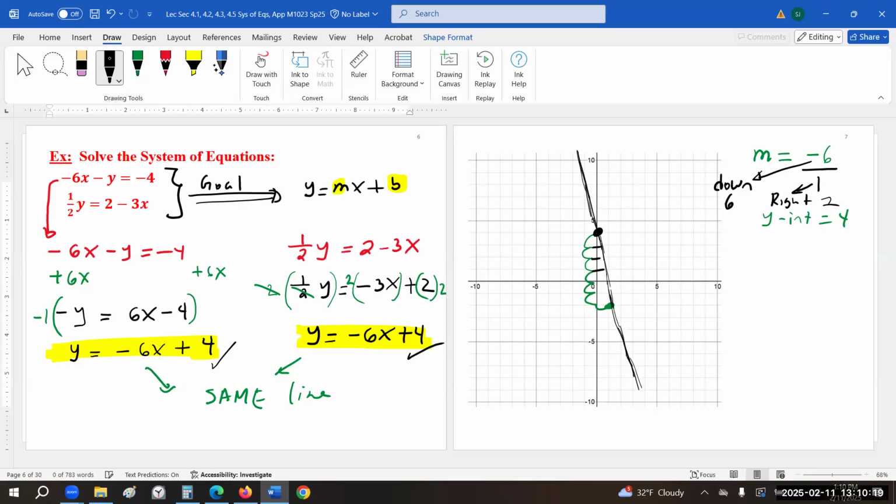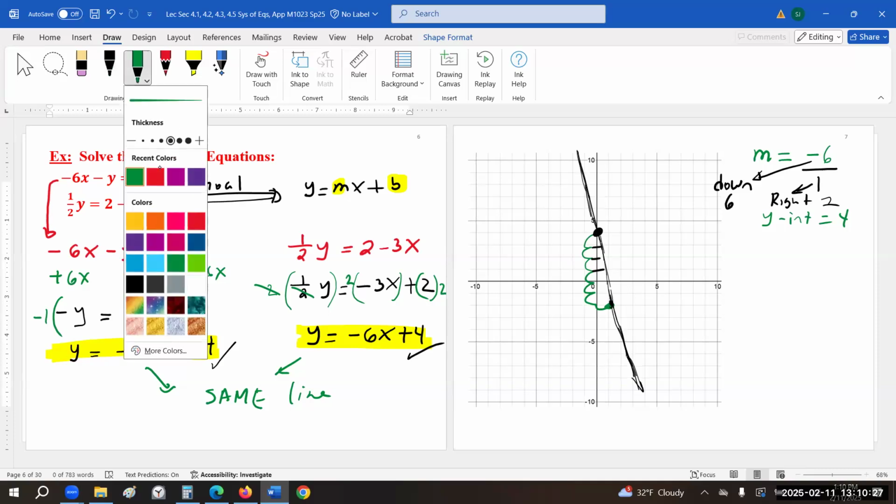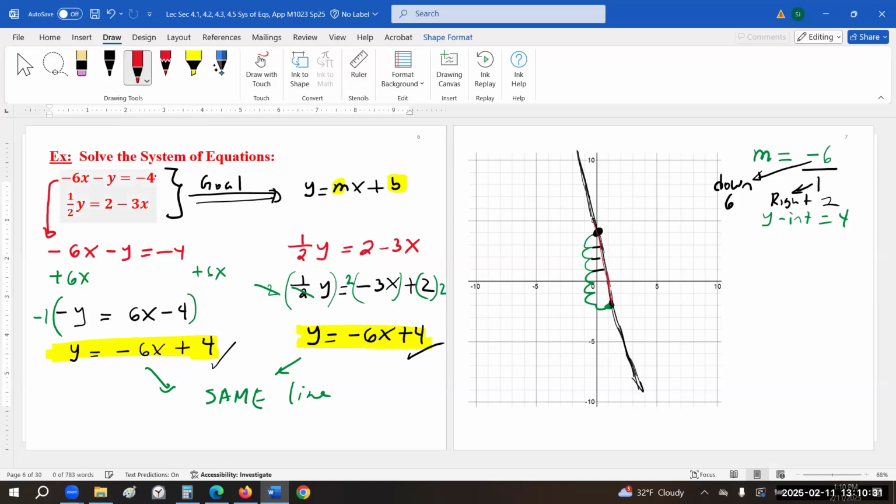For some reason, I can never draw a straight line with 2 points. I don't know why. So this is one line, and another line is the same line. So if you draw the same line again, now the black line and red line, how many times are they intersecting one another?